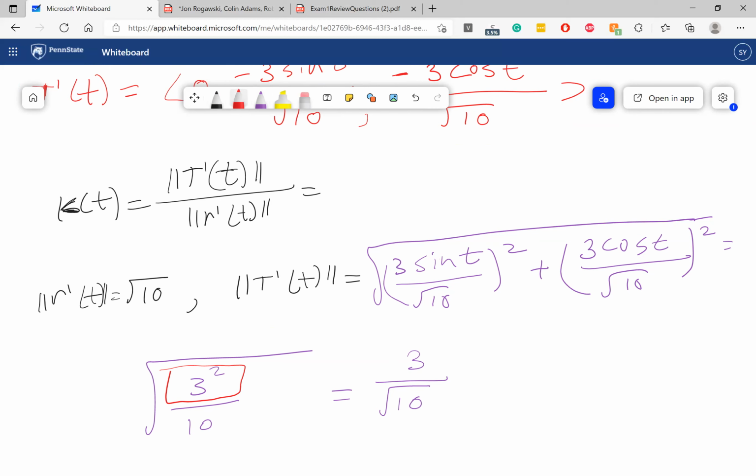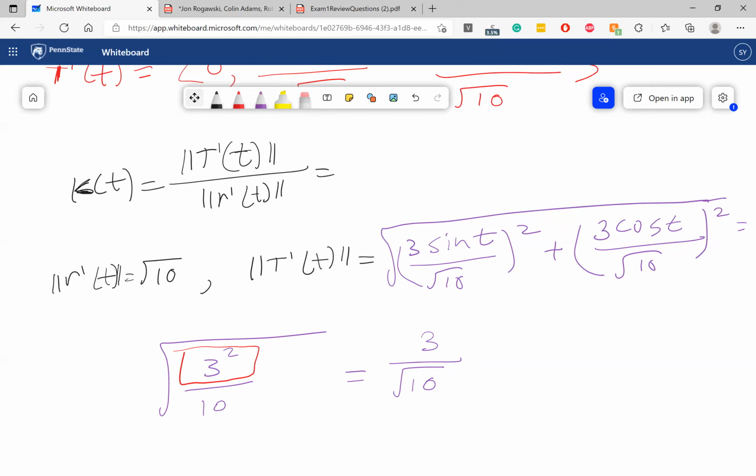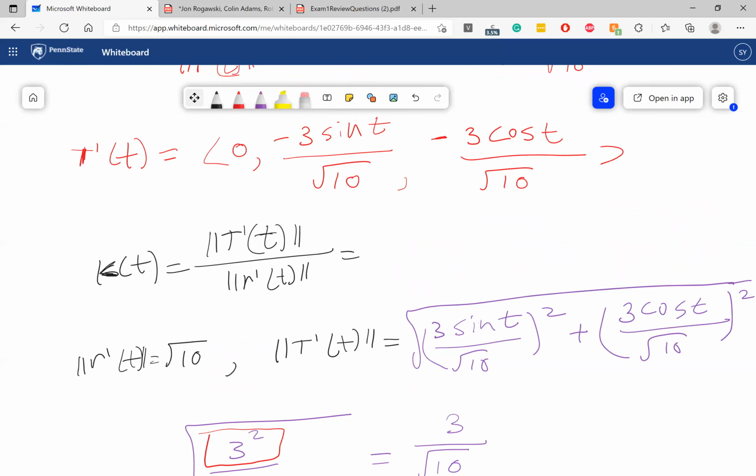Any other question? Yep. Does this only work when the coefficients of sine t and cosine t are the same? Yes. But that's generally what they're going to ask. If not, then it would be almost impossible to actually solve this. Yeah. What value did you plug in for t to get the magnitude of r prime of t? Again, you have this cosine squared and sine squared. So that we already figured out.